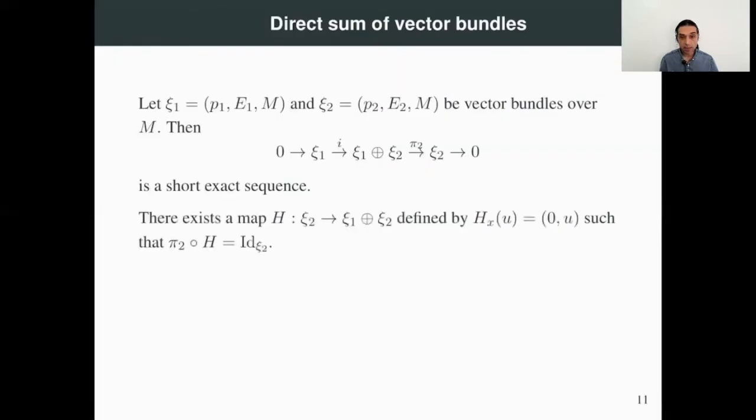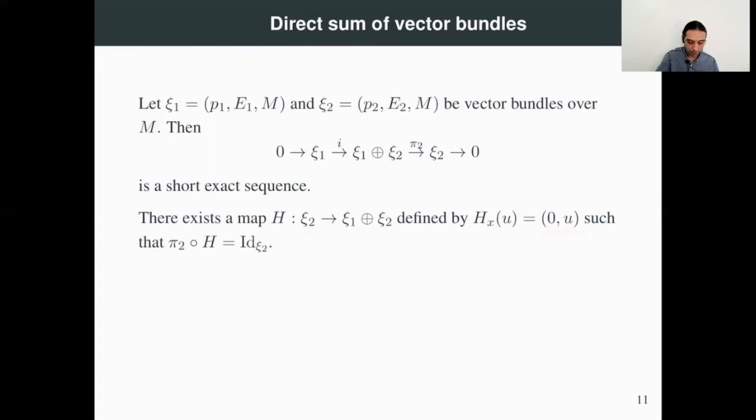Okay. Indeed, there exists a map, which is a monomorphism from psi2 to the direct sum, which in every fiber is just defined by this formula. The image of a vector u in psi2x is going to be just (0, u).